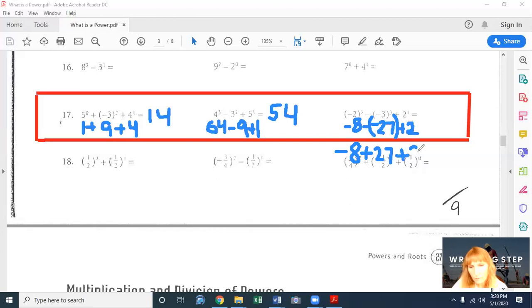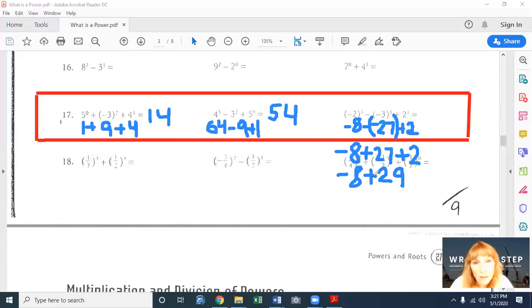Okay, now what do you do? Well, we have a negative and two positive. Let's combine the positives. 27 plus 2, that's 29. So we have a negative 8 plus 29. What do we do when we have a number that's opposite signed when you're adding? The rule from the last video was we subtract.